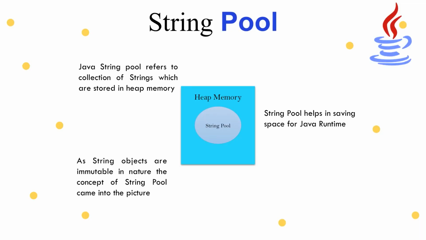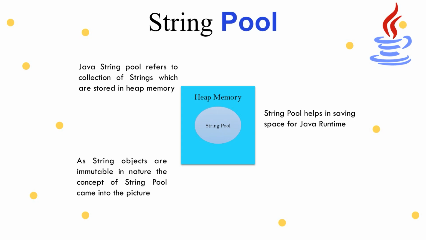When we are talking about the string pool, the Java string pool refers to the collection of strings which are stored in the heap memory. So in the heap area there would be a string pool, which will hold string objects which are immutable in nature. So the concept of the string pool comes into the picture.